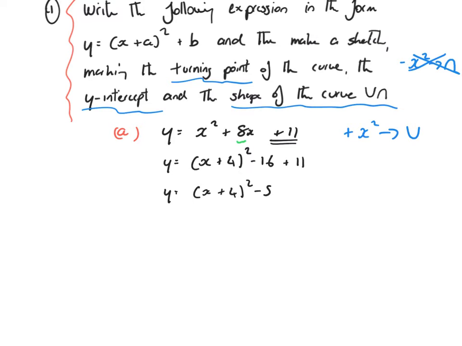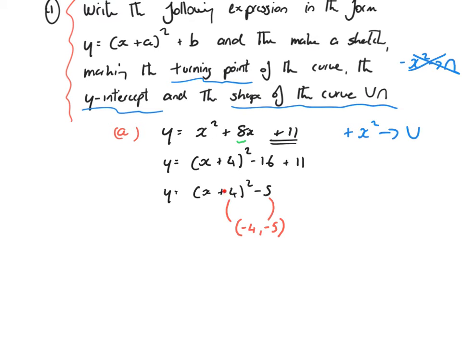Okay, the next thing that we look to do is to establish the turning point. Now that's really easy to get. So the x coordinate of the turning point, you go to the number in the bracket, you change its sign, and that will give you the x coordinate of the turning point. You then go to the number outside the bracket, you don't change its sign, you don't do anything with it, and that will be the y coordinate of the turning point. So it's a really easy rule to follow.